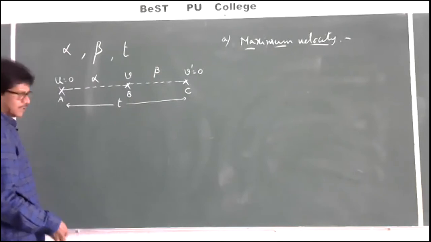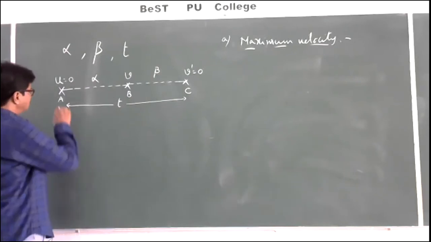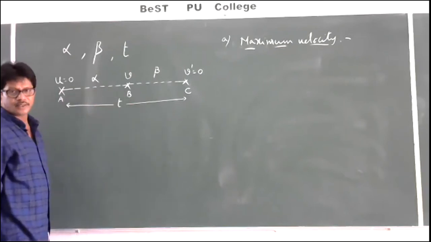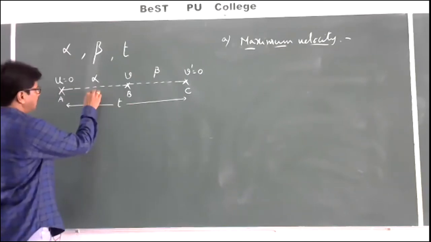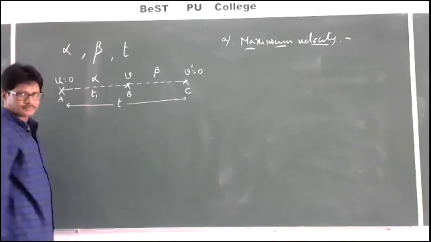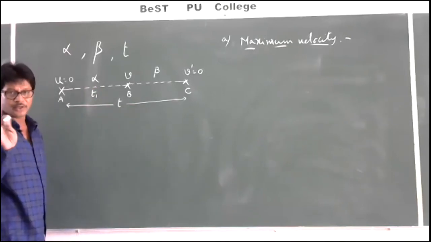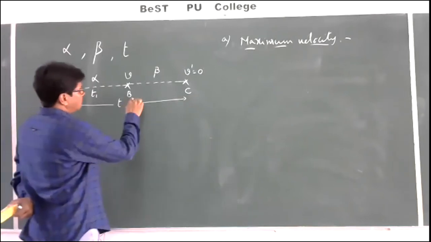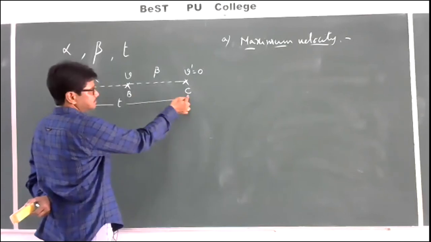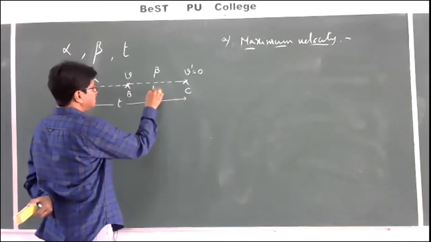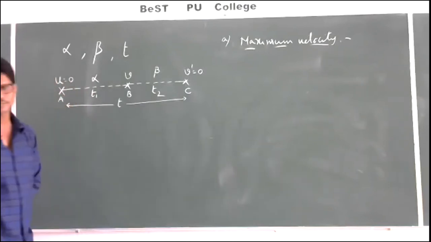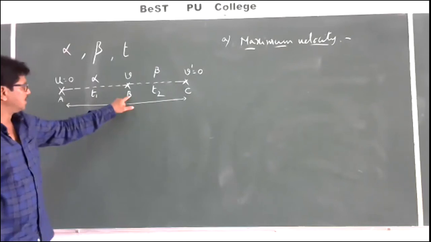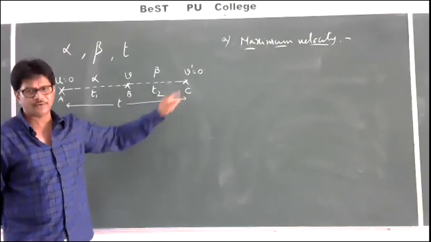For my convenience, I am taking the time of travel between A and B as T1, but he will not give the T1 value. The time of travel between B and C, I am considering as T2.